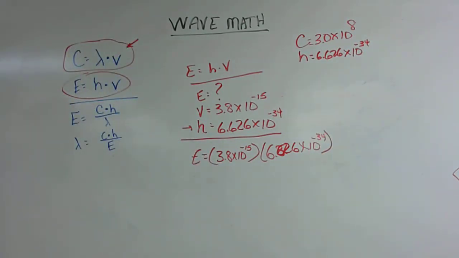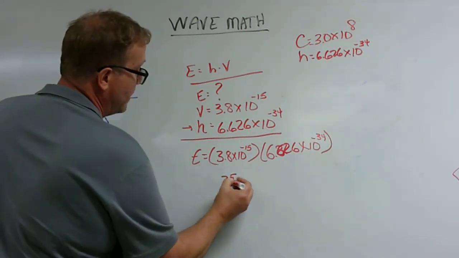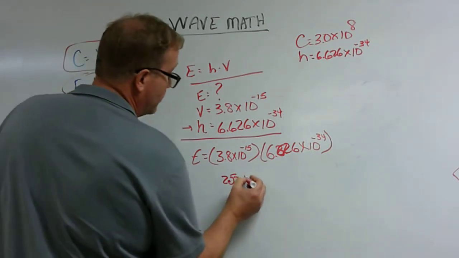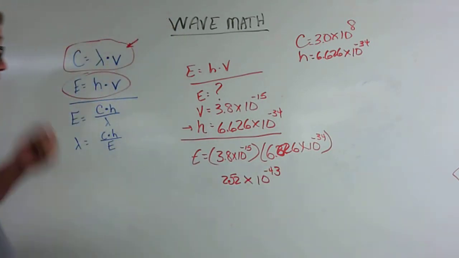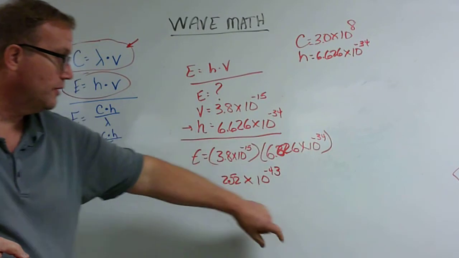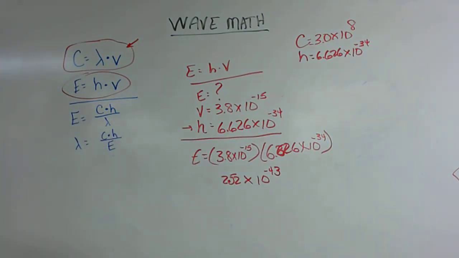So when you have your number, it comes out here, it's going to come out as 2.52 times 10 to the negative 43. So you can kind of estimate it looking at these exponents, it's going to come out around the same sort of thing.